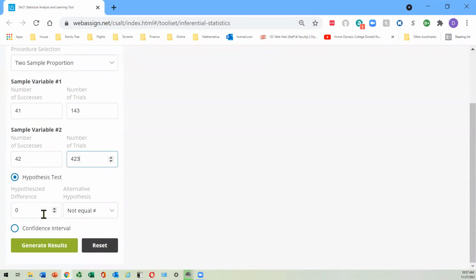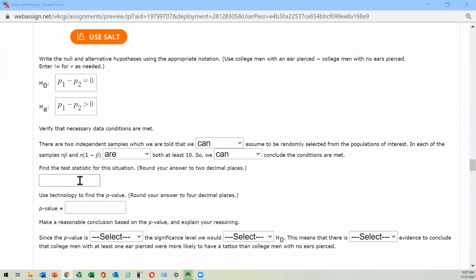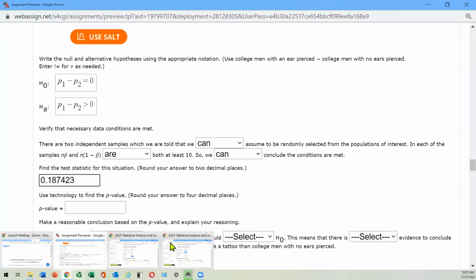And first group, men with piercing, greater than the percentage with tattoos of those who don't. And there's our results. And the difference is huge, almost 19%. I'll fix the rounding off issue in a minute.